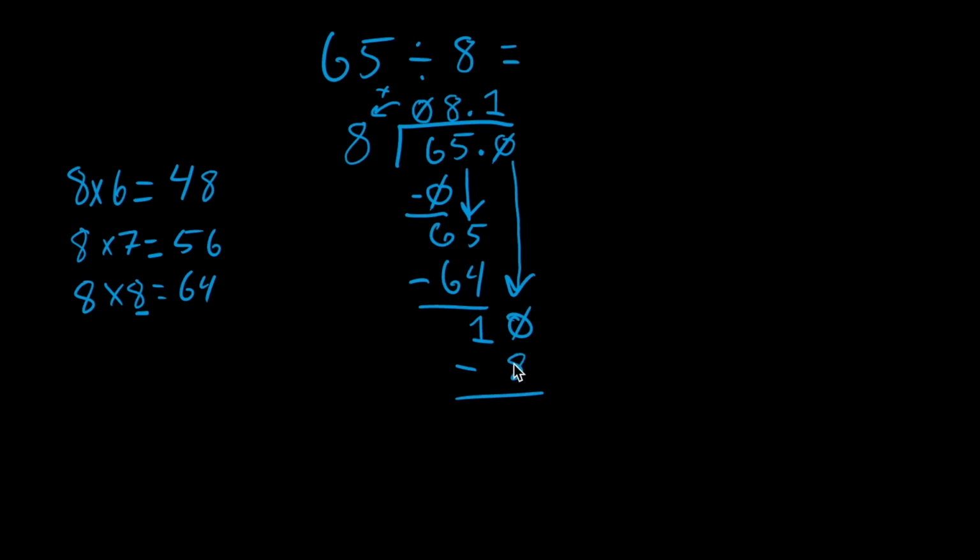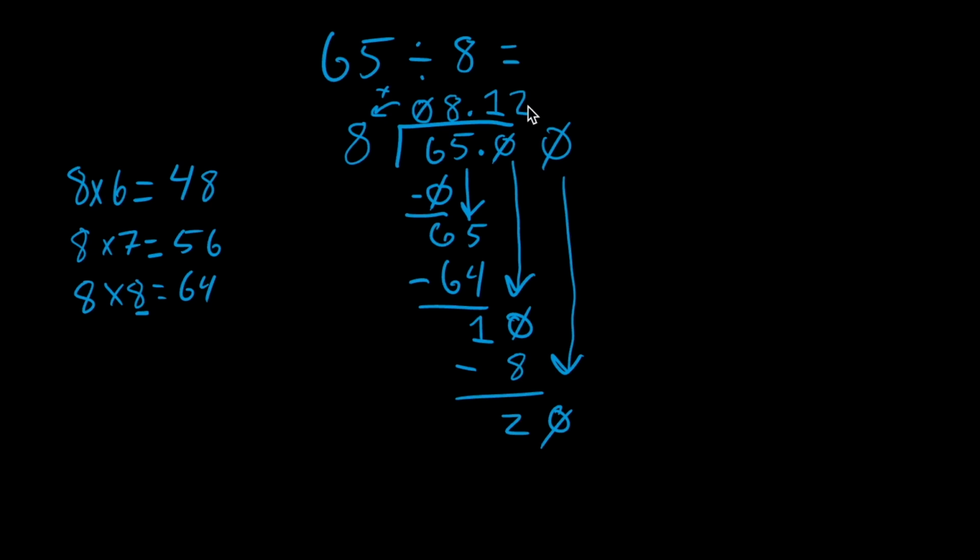So I'll write that underneath the 10, and we subtract 10 minus 8. That gives us 2. And now can 8 fit into 2? You cannot. So we have to add another 0 and turn that 2 into a 20. How many times can you fit 8 into 20? 2 times. So I'll write a 2 right above here.